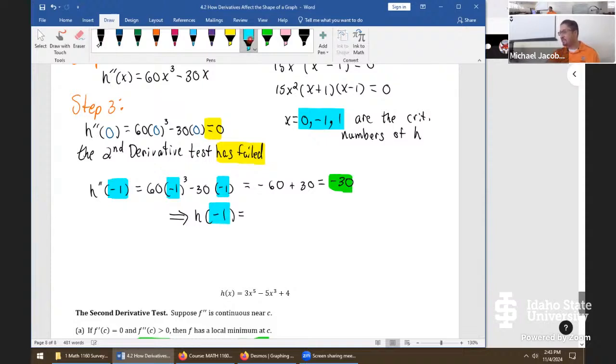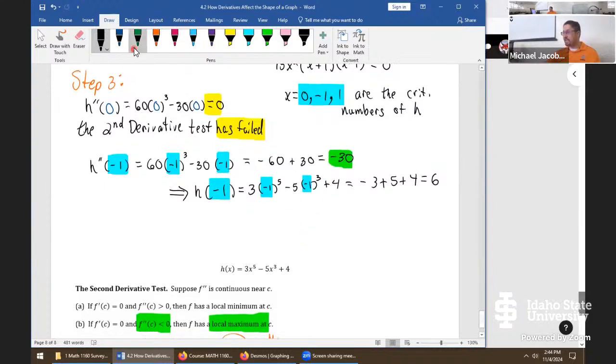Well, similar color coding. So we take -1, plug it inside here, and here's how it goes. 3 times -1 to the 5th power, minus 5 times -1 to the 3rd power, plus 4. Let me just continue to highlight those just to show where those numbers go. So altogether, this is -3 plus 5 plus 4, giving us a value of 6.